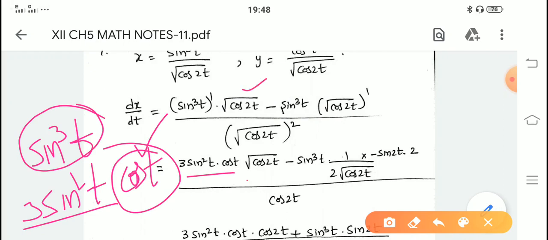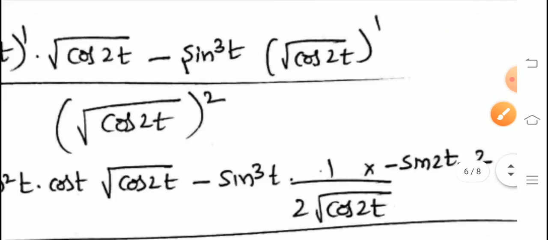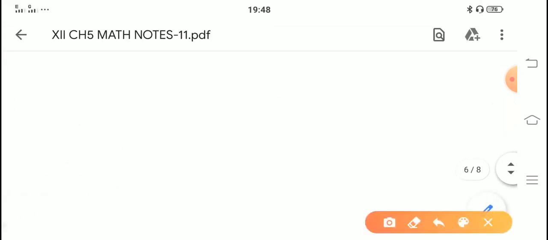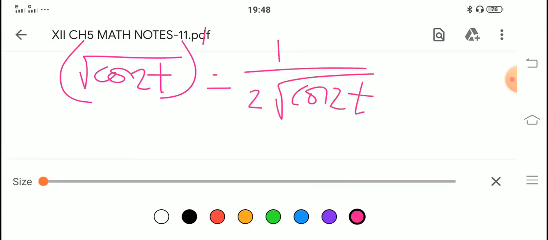Then root cos 2t as it is, minus sin cube t into the derivative of root cos 2t, which is 1 by 2 root cos 2t, for the root, into the derivative of cos 2t, which is minus sin 2t, into 2. So remember how to differentiate root cos 2t. I am explaining. The derivative of root cos 2t is 1 by 2 root cos 2t into, then what next?